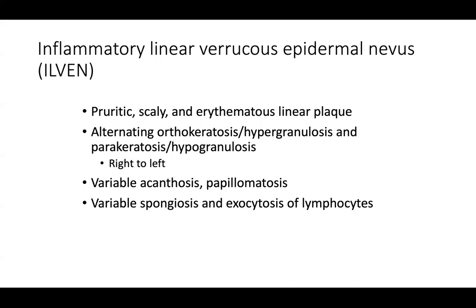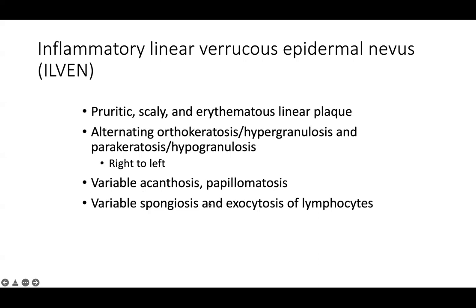It may remind you of kind of a checkerboarding pattern, which you may remember back to other types of inflammatory diseases like pityriasis rubra pilaris, but this looks different clinically. And so if it's linear and it's presenting with the alternating ortho hyper and para hypo, then you can think about ILVEN. Commonly tested as well.